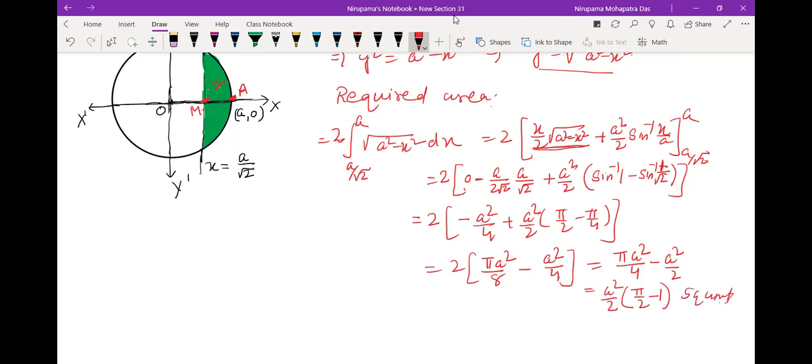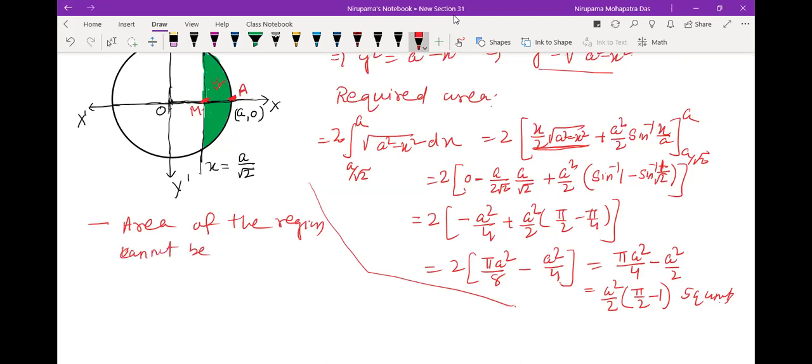So these are some of the simple questions we have taken in today's introductory class. And one more thing I want to say before finishing the class: the area of the region is always positive. It cannot be negative.